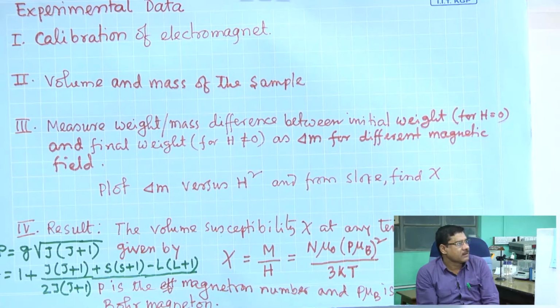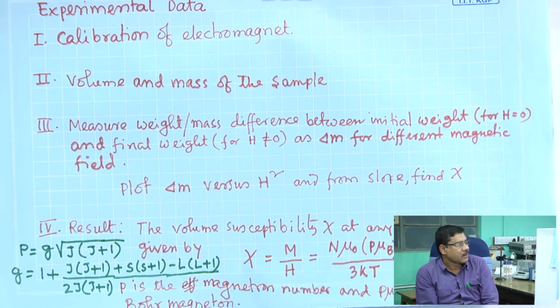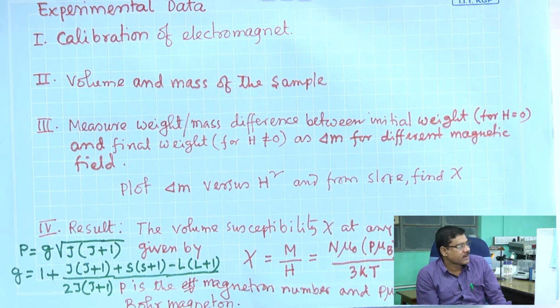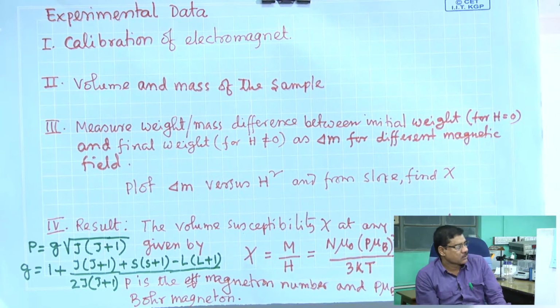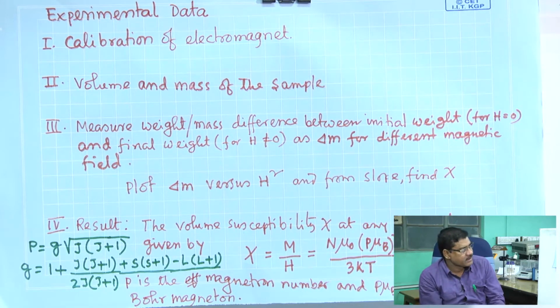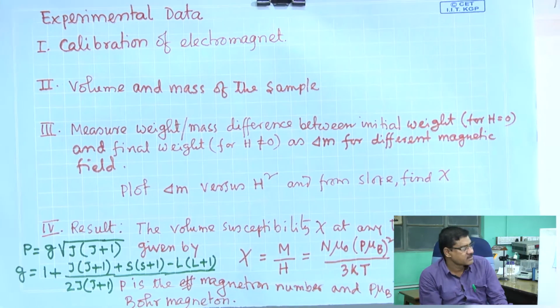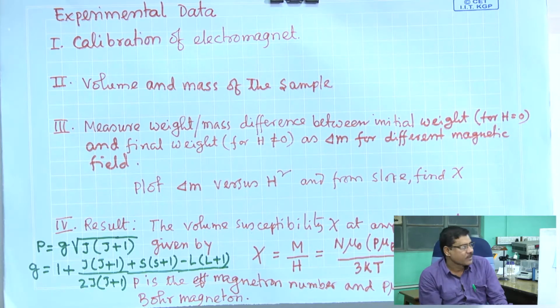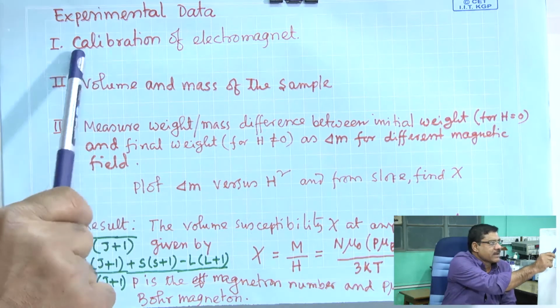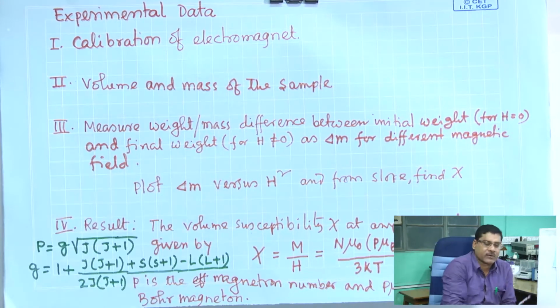So, in Guy's method, as I described the working formula, we have to take the experimental data. In this experiment we need magnetic field again, so we will use an electromagnet. Whenever we use an electromagnet, we have to calibrate the magnet, the magnetic field versus coil current. So, first one has to do calibration of the electromagnet.